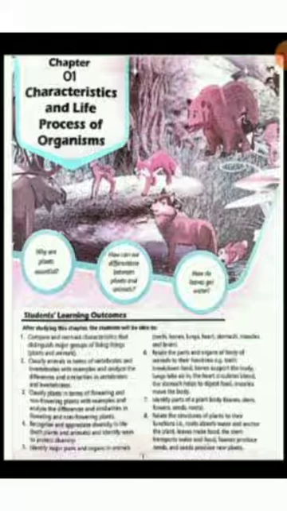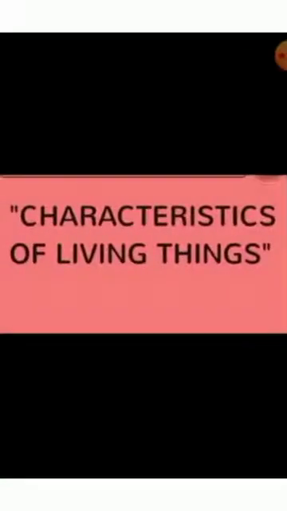There are 2 main living organism groups, that is animals and plants. Okay, now come to first living things. What are living things? The things which can breathe, move, grow are living things. And what are the main characteristics of living things?